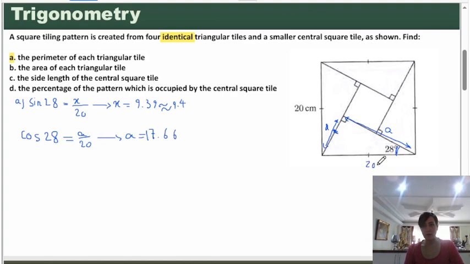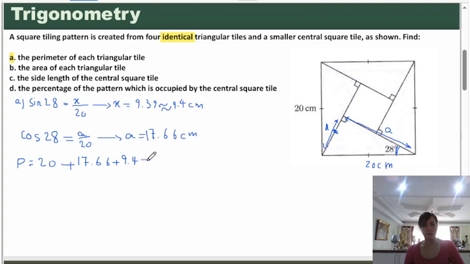All of my units are centimeters. Now I will find the perimeter. Perimeter is adding up all the sides. So I say 20 plus 17.66 plus 9.39, which I round to 9.4.